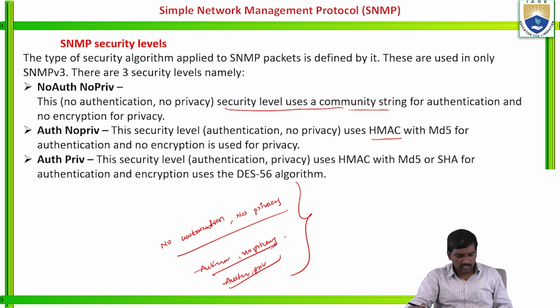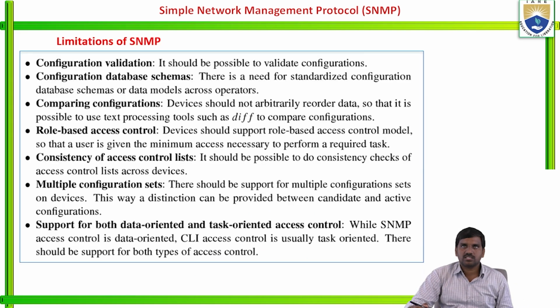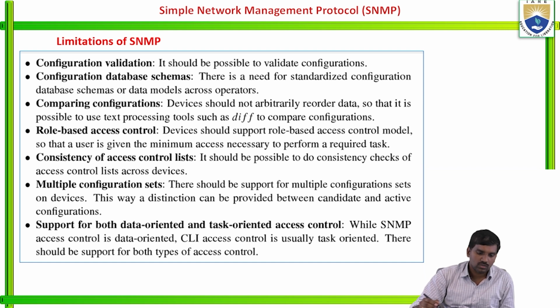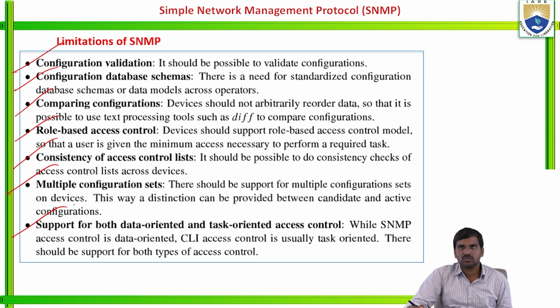So these are the security levels available in SNMP, and these are the limitations of SNMP, which are very important to know: configuration validation, configuration database schemas, configuration comparing, role based access control, consistency of access control list, multiple configuration sets, and support for both data oriented and task oriented access control of the network.